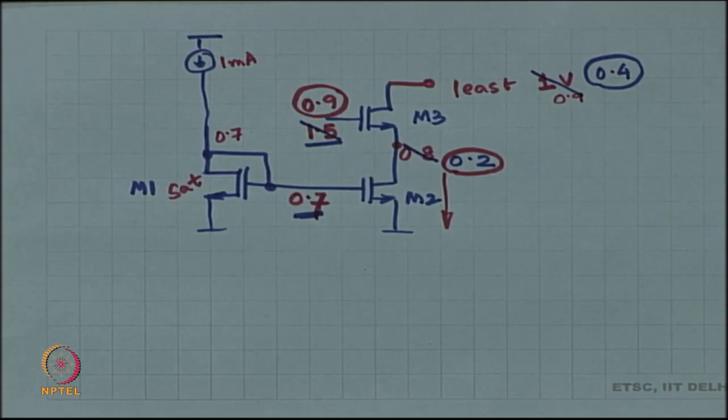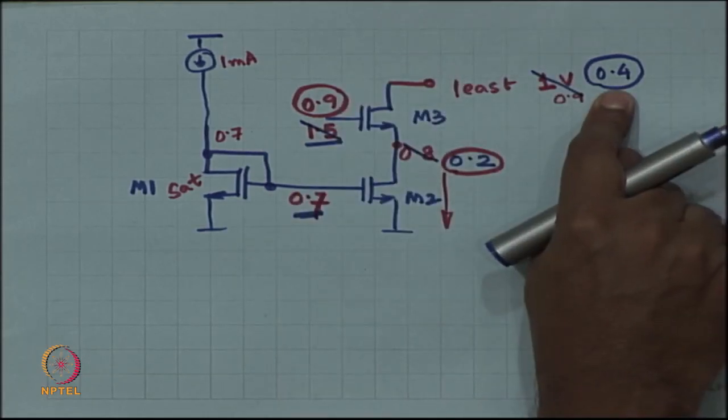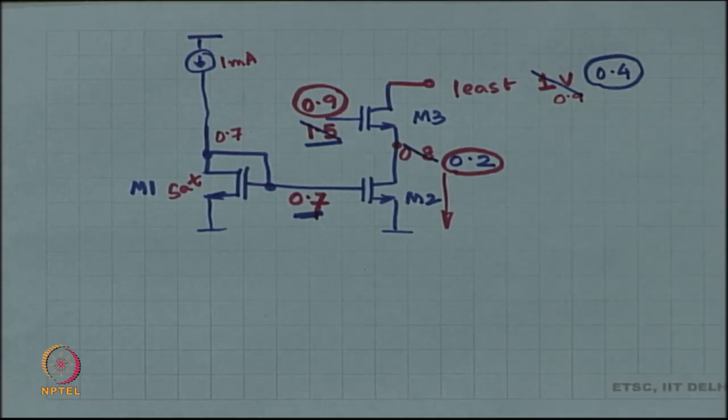Okay. So, the graceful degradation is no longer there, right. The entire circuit collapses as soon as you go below 0.4 volts. All right, is this okay?